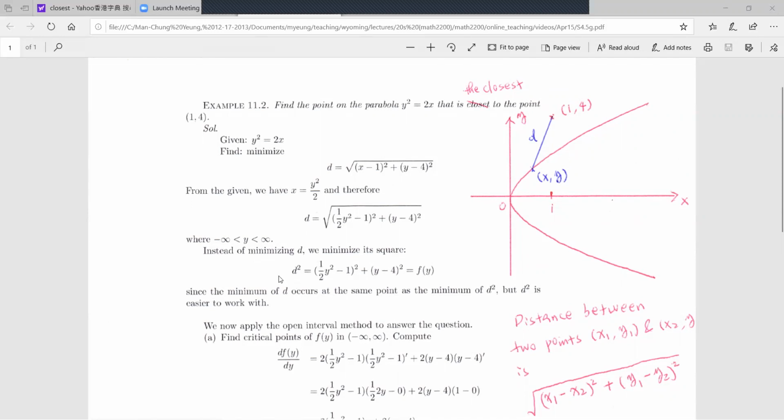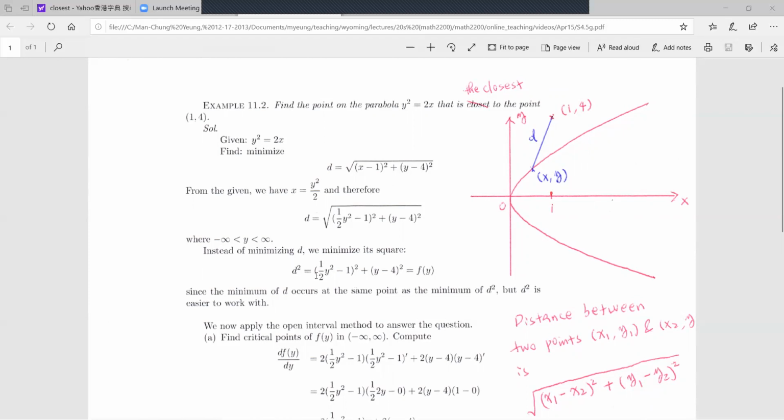Why can we do that? The rationale behind it is d and d squared reach their minimum at the same y, at the same point y. So we can work on d squared and determine where d squared is the smallest.